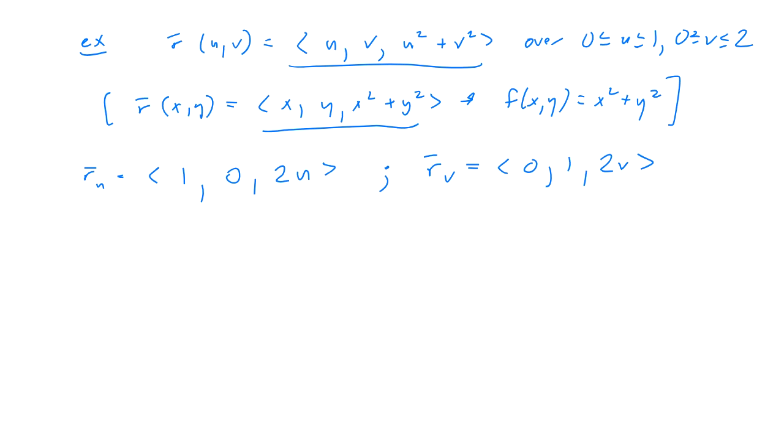And so these are parallel to the tangent plane and tell us how far we're moving along in the u and v direction. We then need the cross product. That's a 2u.